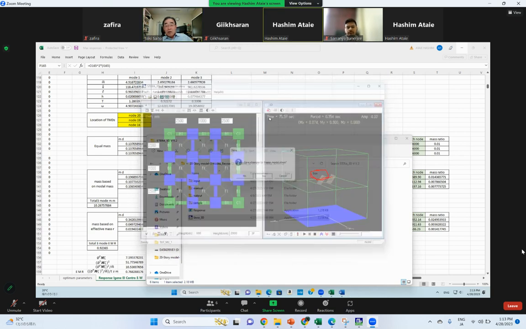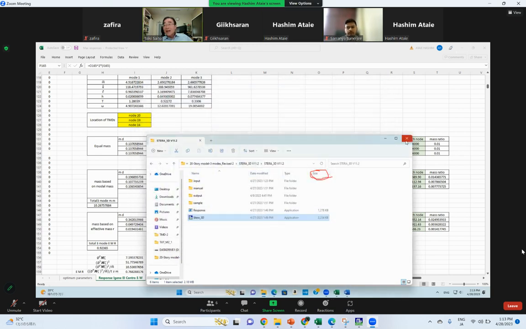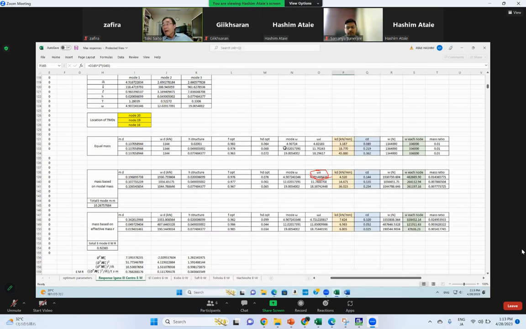And why do you want to try plane? Because with the plane, as I said, the displacement of each story is real, because in the lumped mass model, the story displacement of those stories which have the TMD as a mass is not real.